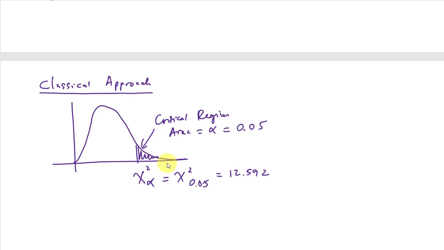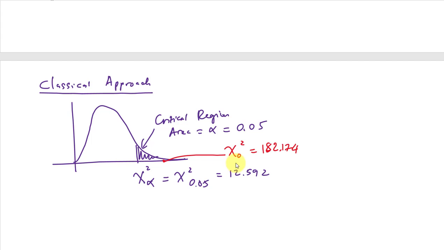So it's somewhere here. This is the test statistic, 182.174 or so. So 182 is beyond 12 point something, so of course it's going to be to the right, inside the critical region. If it is inside the rejection region, we reject the null hypothesis.